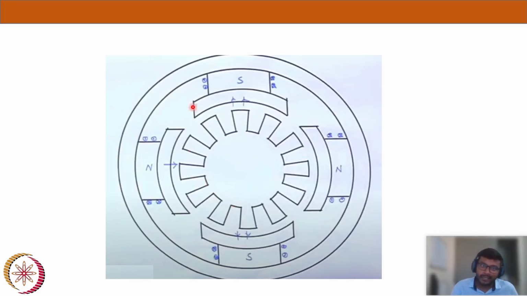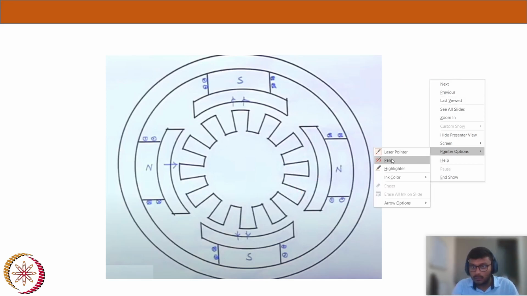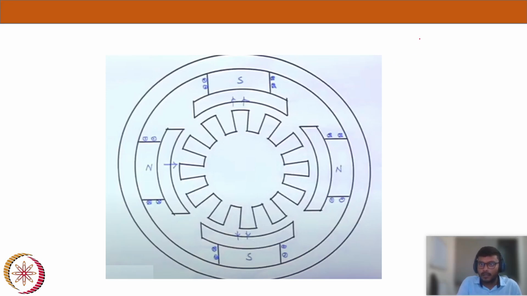Under each pole, can you tell me how many slots we'll have? Because we have a total of 12 slots and a total of 4 poles. So slots per pole will be S by P. Number of slots is equal to S, number of poles is equal to P. I'm just denoting them by alphabets so that we'll be using those two alphabets down the discussion.